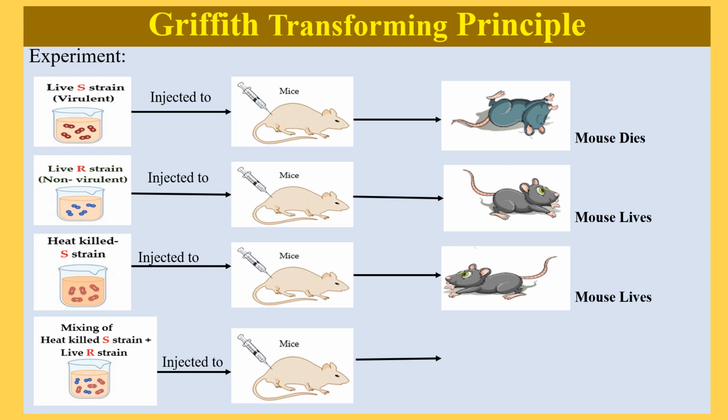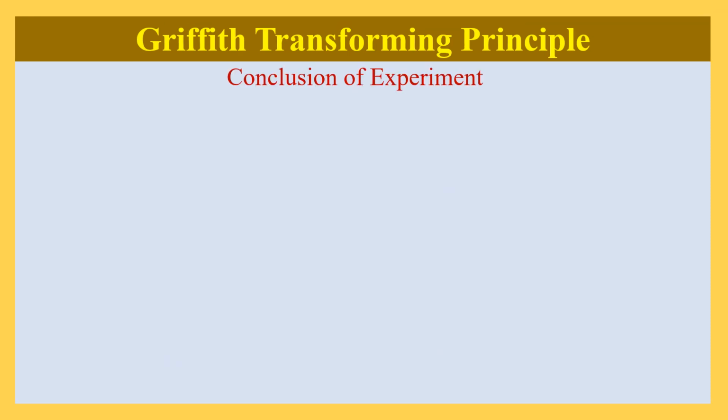We guess that the mice may remain alive, but unfortunately the mice died. Then why did the mice die? Heat-killed strain does not cause pneumonia, and even the live strain does not cause pneumonia. Then how did the mouse die? We discuss that in the conclusion part.